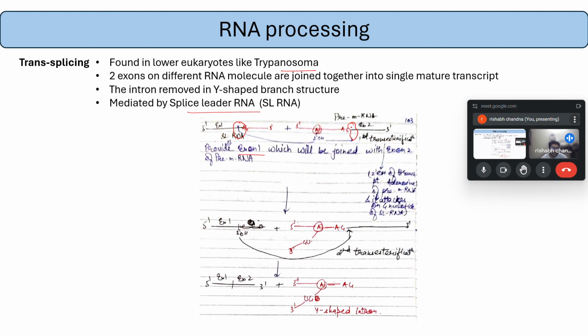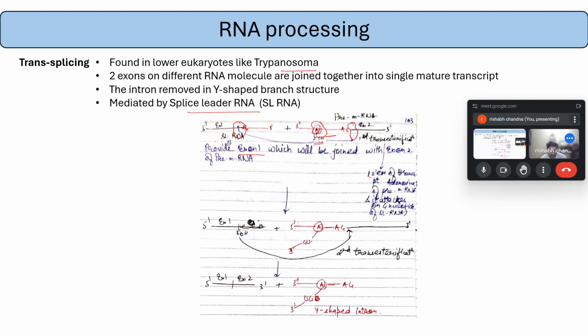Now, the first transesterification reaction occurs, where the branch point is present on the second transcript. This branch point has a 2 prime OH that has a lone pair that leads to nucleophilic attack on this particular splice site.